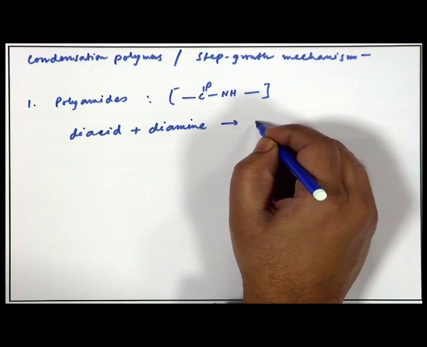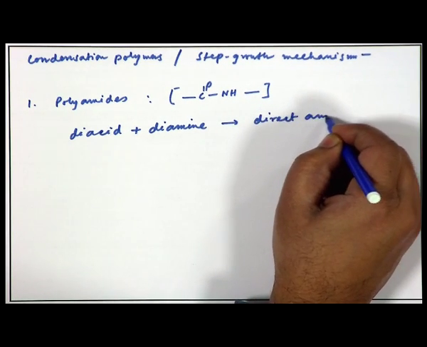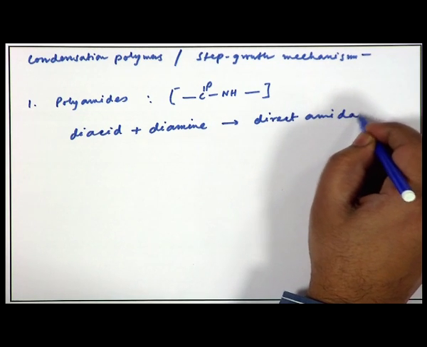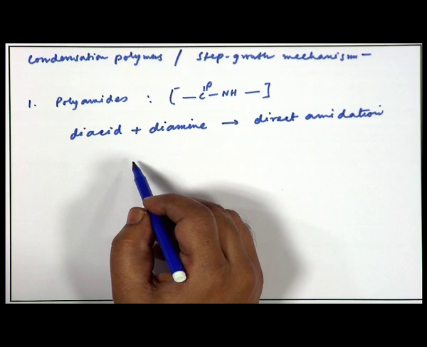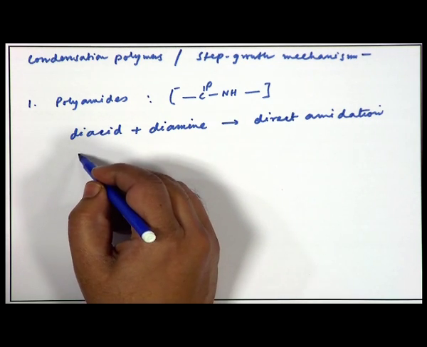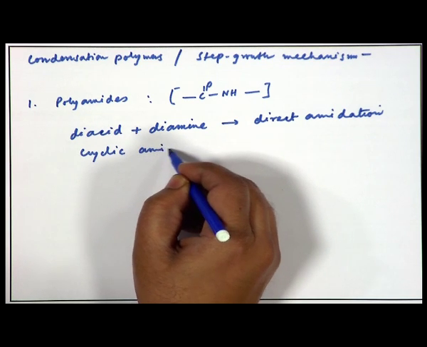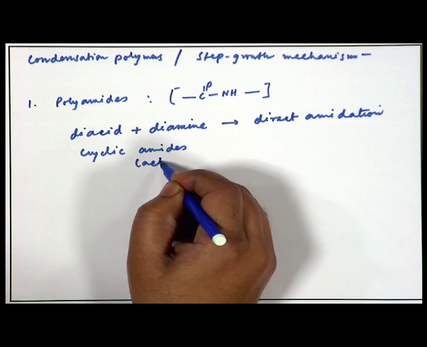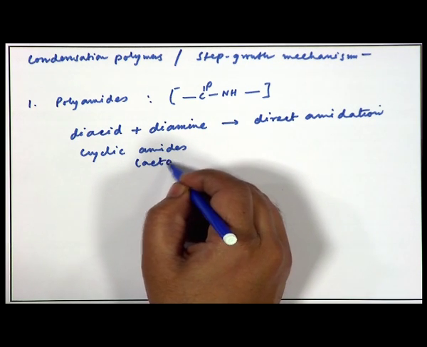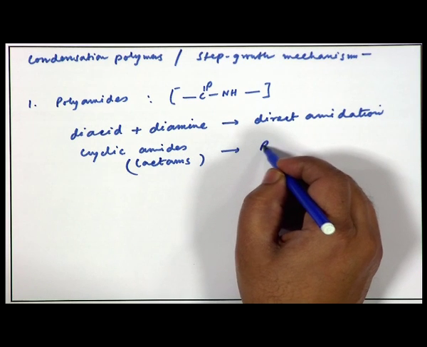So, we can do direct amidation to synthesize polyamides. You can also take cyclic amides like lactams and do a ring opening polymerization.